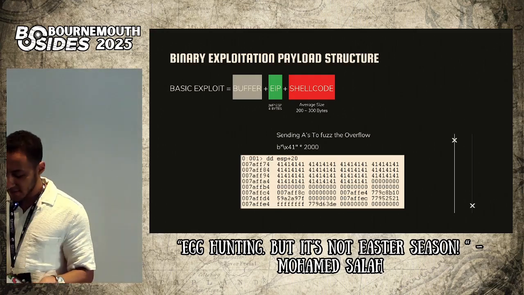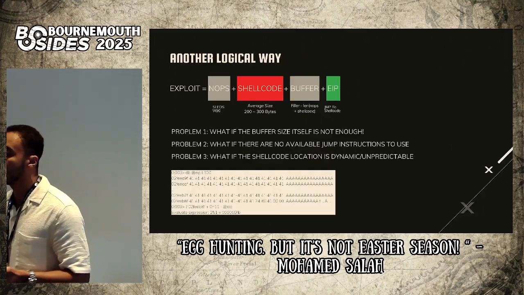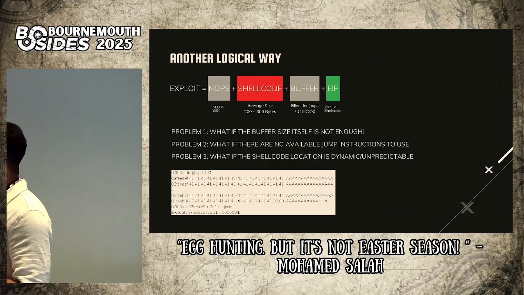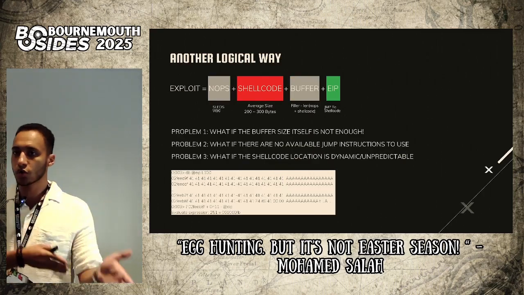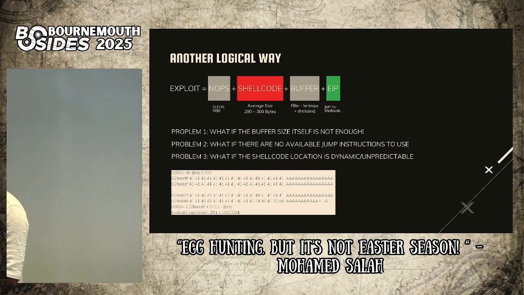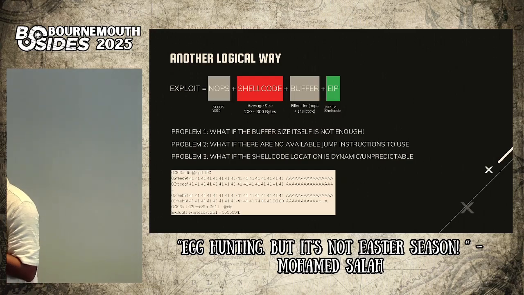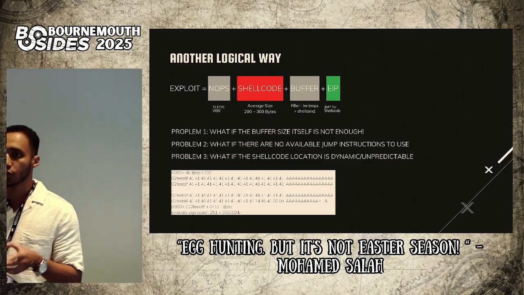So someone can say, okay, there is another very logical way: put your shellcode in the buffer itself. You can put your shellcode there and jump to it, instead of having it after your instruction pointer. But again, we have some problems here. Problem number one: what if the buffer size itself is not enough to hold the whole shellcode?